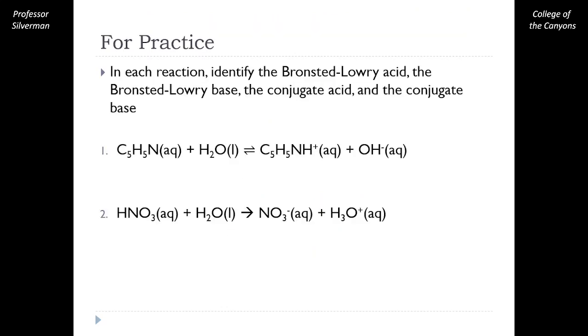We have a couple of reactions, and we're asked to identify our acids, bases, conjugate acids, and conjugate bases. Let's look at this first one. Can we keep track of where our H+ is moving during the process of this reaction?